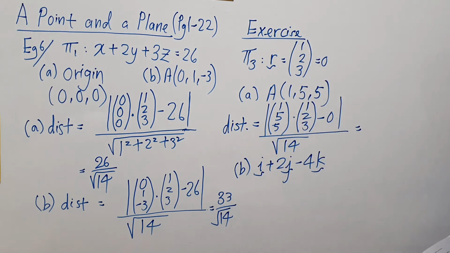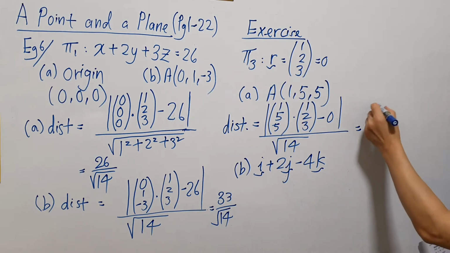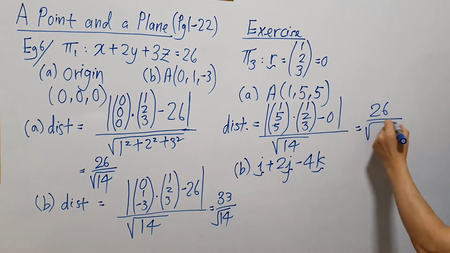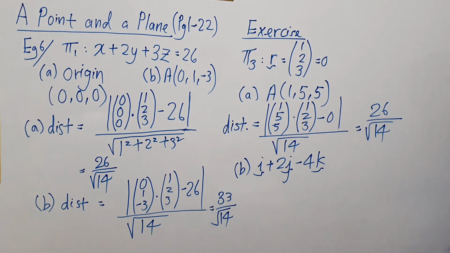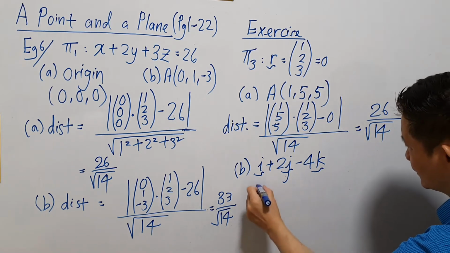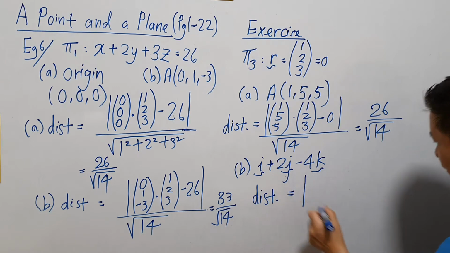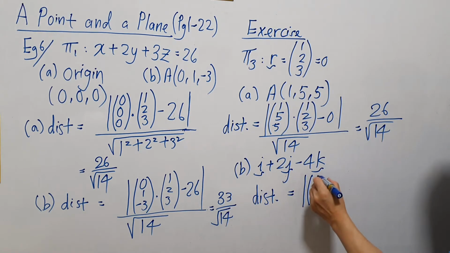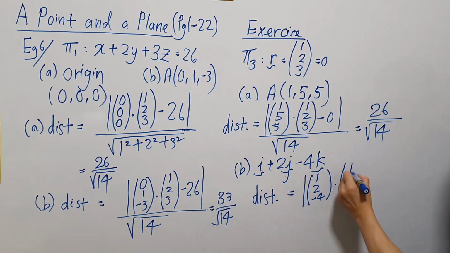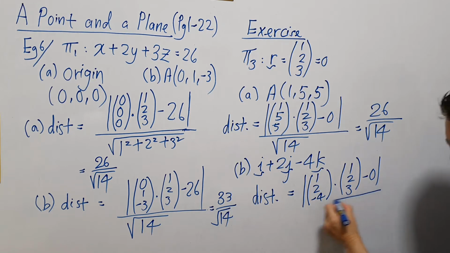In this case, you get 10 plus 15, 26 over square root 14. And now for the next one, the same thing goes. I know it's very repetitive, but you want to practice this until you're good at it. This is going to be (1, 2, -4) dot with (1, 2, 3), minus 0 again, and divide by how much?